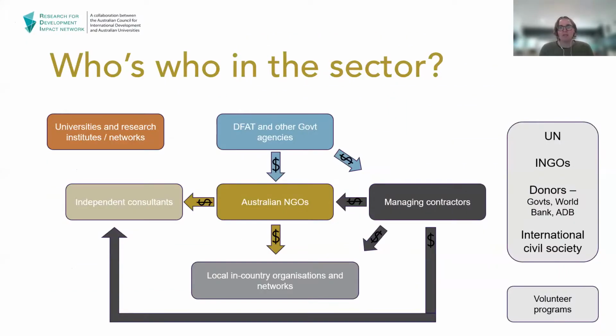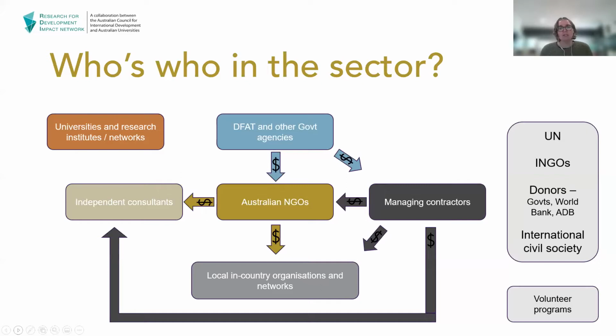So this diagram just tries to show you some of the key players that are working in the sector. And being biased, and working for ACFID, there are, of course, Australian NGOs at the centre. And NGOs usually have a really close relationship with their partner organisations and the communities overseas. And they're usually implementing their own programs.